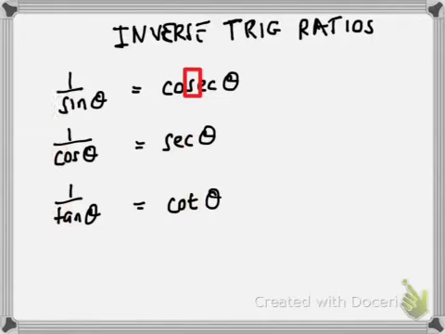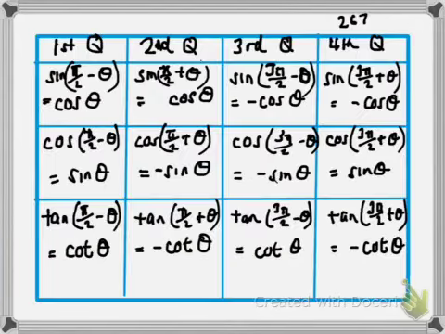Alright, so back to our rules. Tan 90 minus theta equals cot theta. Now the rules continue on across into the second and third quadrant, but something to remember is what the signs are, positive or negative. In the second quadrant, sine is always positive.